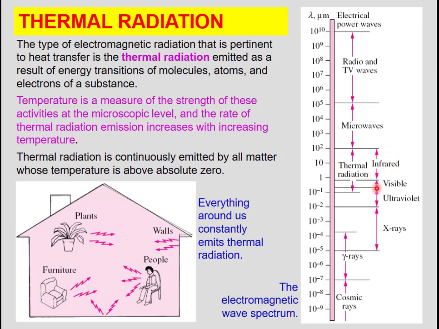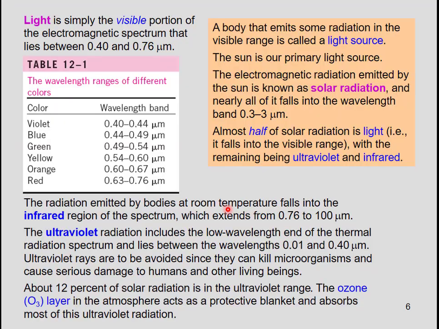It is out of the visible range of the electromagnetic waves, and you can see it extends from 0.75 almost to 10 to the power 2, or 100 micrometer. And many of the objects around us are emitting this kind of radiation.